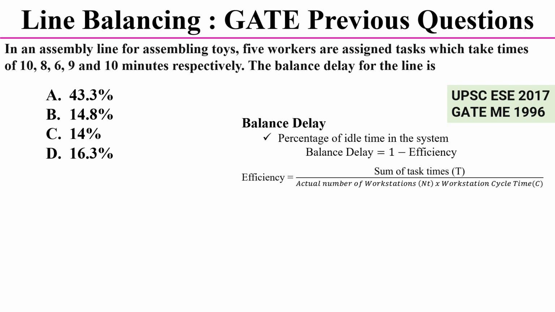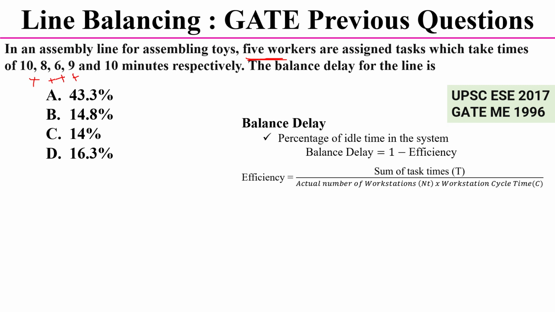Then the sum of task times will be 10 plus 8 plus 6 plus 9 plus 10, and the actual number of workstations is 5. The workstation cycle time is the maximum task time at the respective workstation.